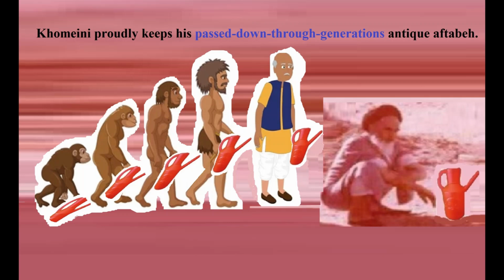Then we can put 4 words together and say Khomeini proudly keeps his passed down through generations antique Oftabe. And then we can have 5 words together. So we can say Khomeini is deeply attached to his never seen anything like it Indian Oftabe.